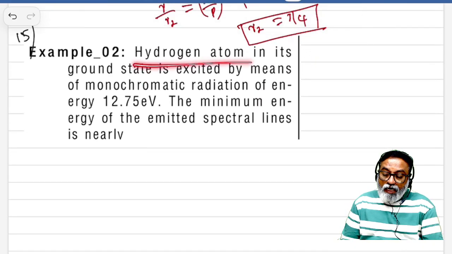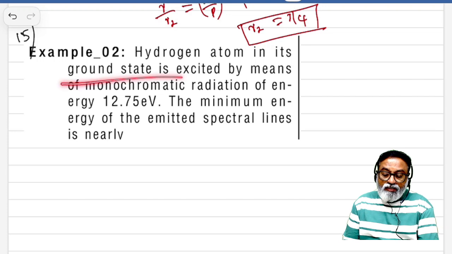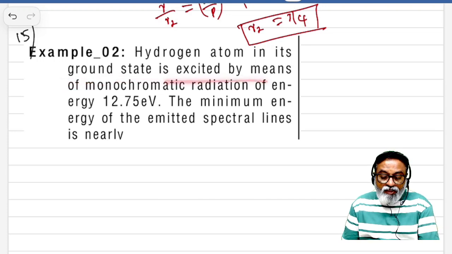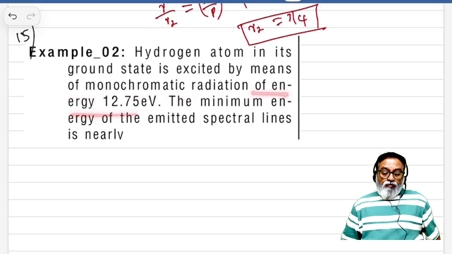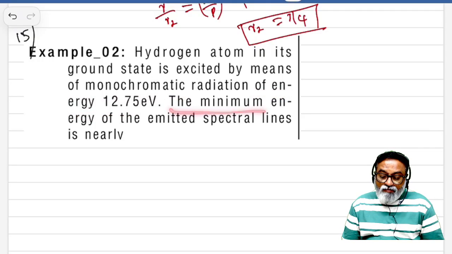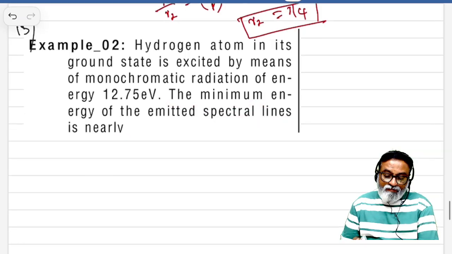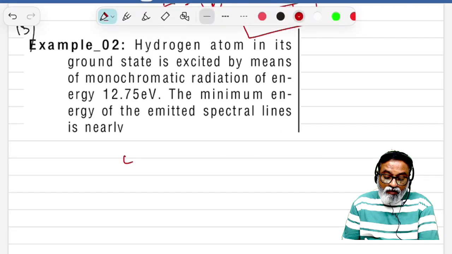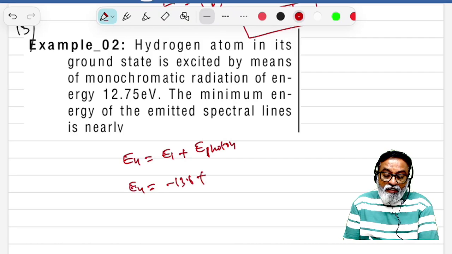Next one. Hydrogen atom in its ground state is excited by means of monochromatic radiation of energy 12.75. The minimum energy of the emitted spectral lines is nearly the same. Here En is equal to E1 plus energy of photon. Therefore, En is equal to E1, which is minus 13.6, plus energy of photon 12.75.